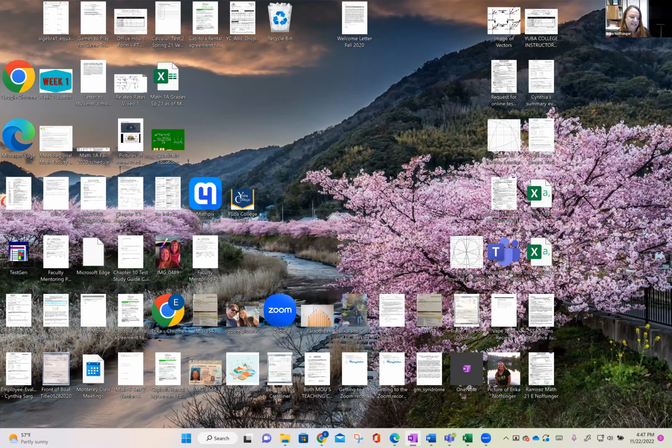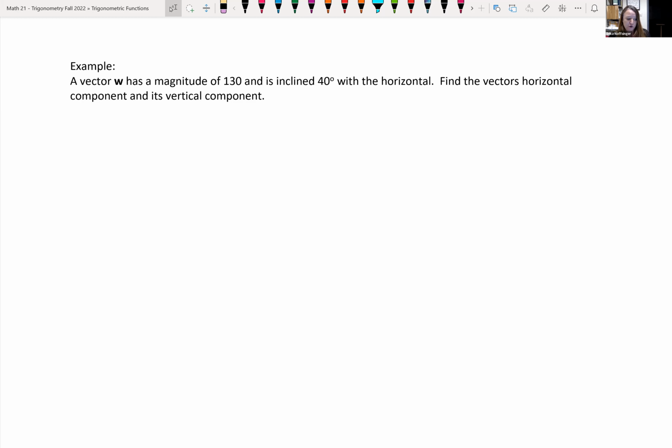Our next example says a vector W has a magnitude of 130 and is inclined 40 degrees with the horizontal. Find the vector's horizontal component and the vertical component. So let's draw what we have here. We have our vector W, but we're going to go from the horizontal up 40 degrees.